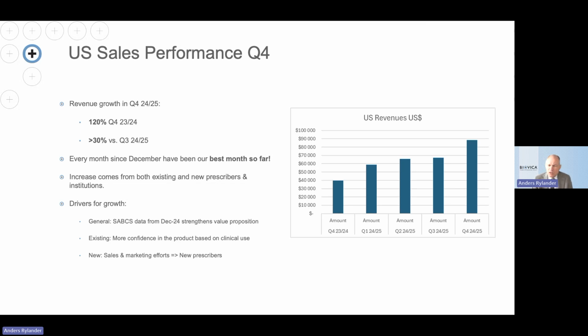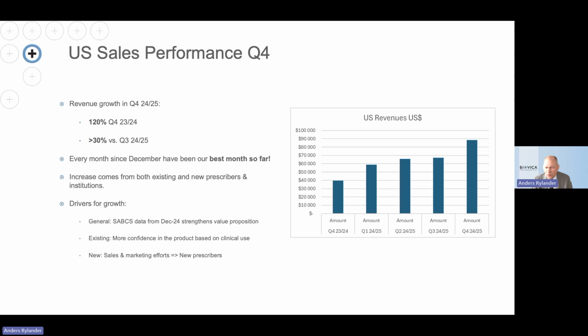When we reach out to our customers, trying to understand what's driving this, we see a couple of drivers for this growth. In general, the San Antonio results with the strong data, both within the metastatic area as well as the new data, which were very strong also in the early breast cancer area for adjuvant monitoring, have helped a lot to build confidence in the test.